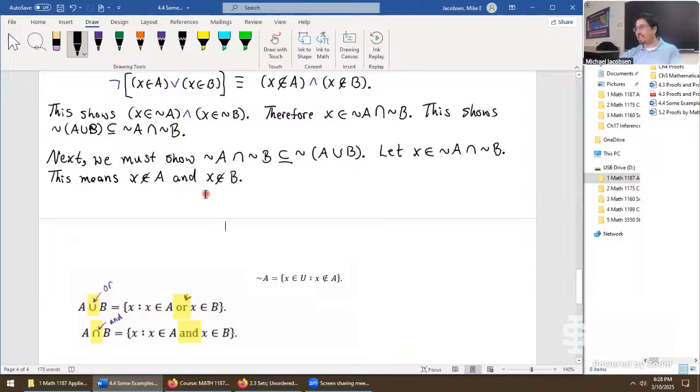If it can't be in A and it can't be in B, it can't be in A union B either. It had to have been in one of those sets. So this allows us to go forward one more step. This means X is not an element of, it can't be inside of, A union B.